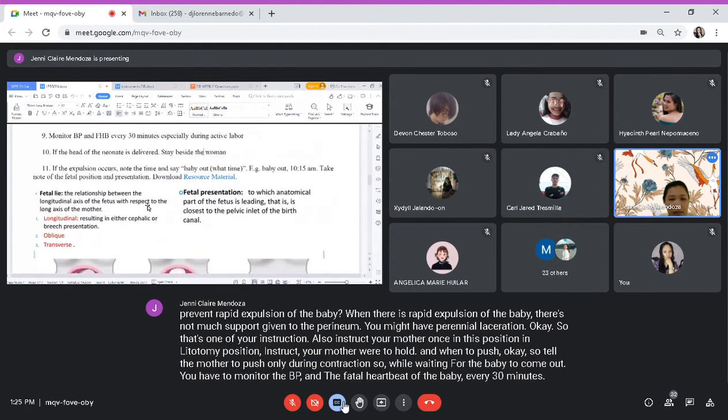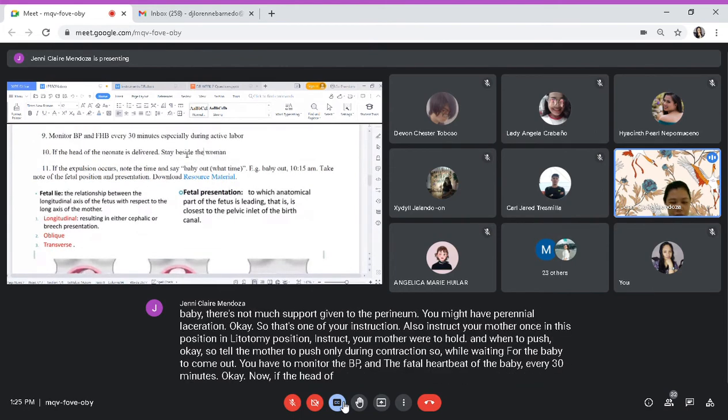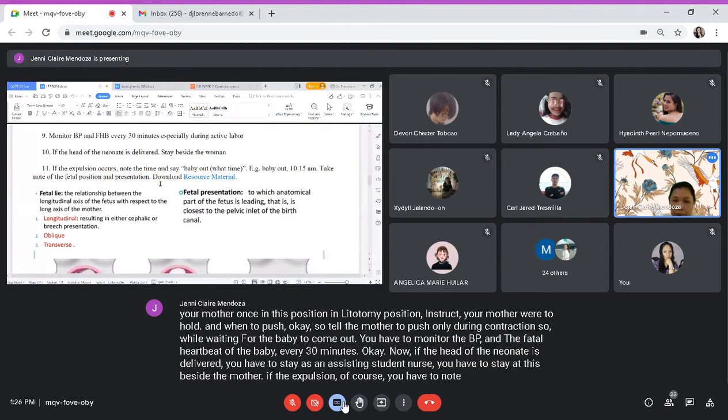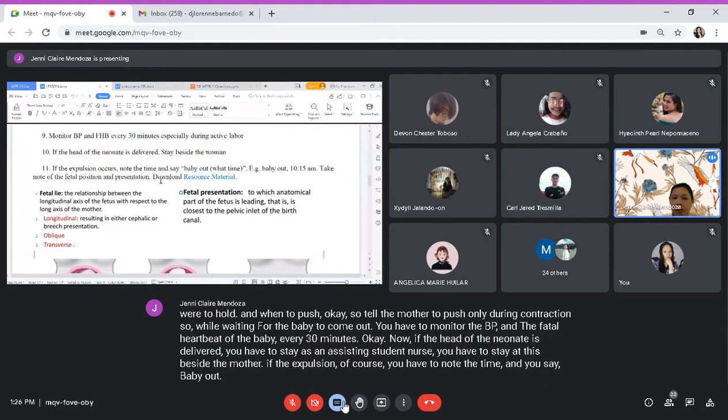Now, if the head of the neonate is delivered, as an assisting student nurse, you have to stay beside the mother. If the expulsion occurs, you have to note the time and say baby out. You only say baby out if the last part of the body of the baby is already out.